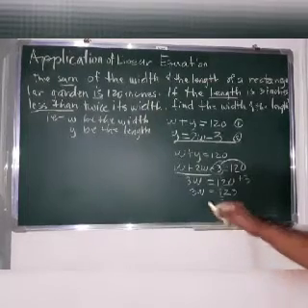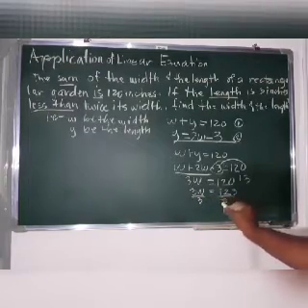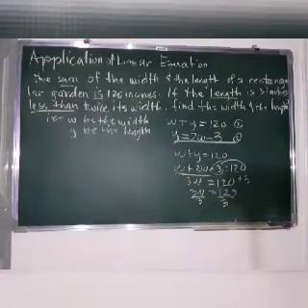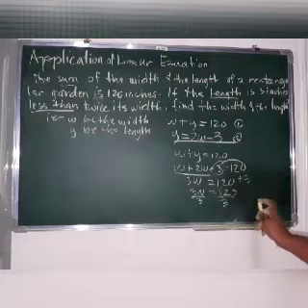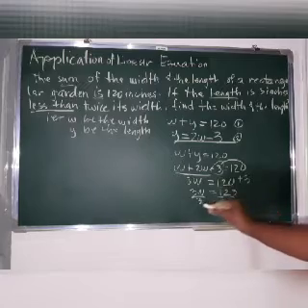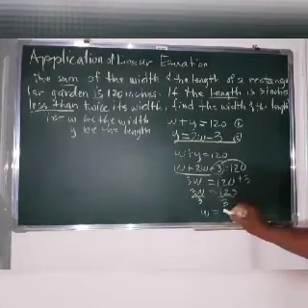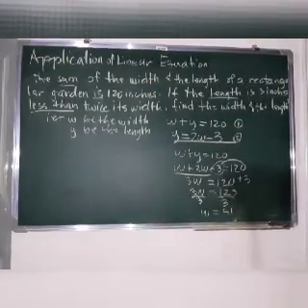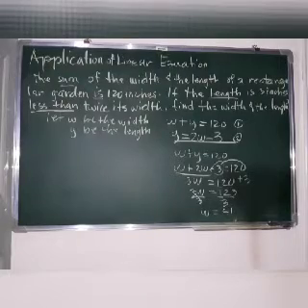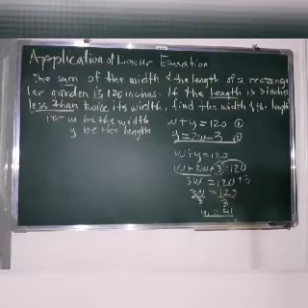We divide by 3 on both sides. So W is equal to 3, 6, 9, 12, 4, and then 3. W is equal to 41. So, meaning to say, our width is 41.